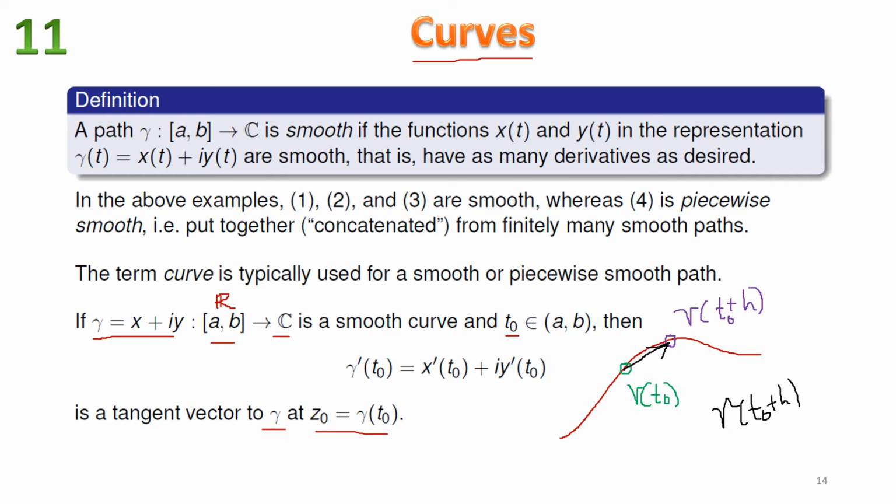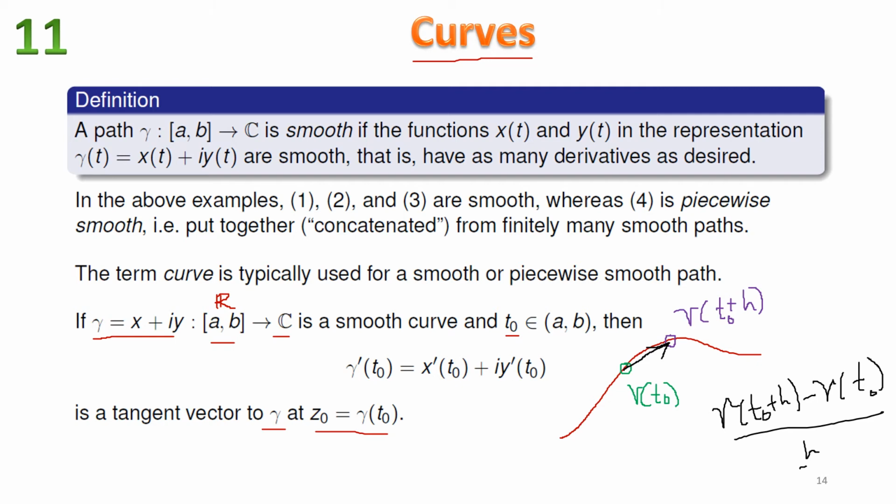This is divided by the number h, which is a real small number. So that doesn't make any change in the direction of this vector, rather it reduces the length. So here we are considering the limiting condition, h tending to 0.